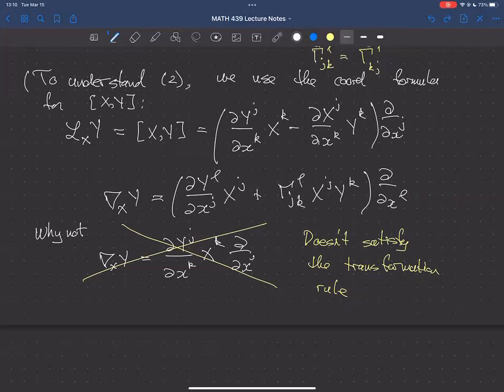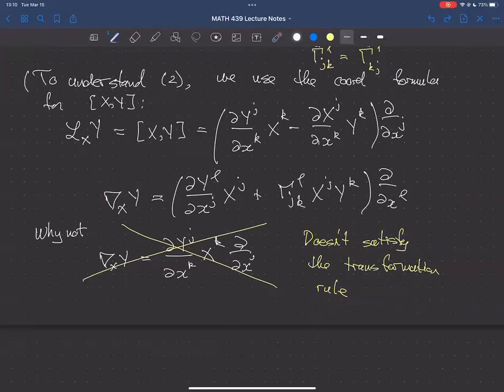All right. Okay, so the way that you can get around this is to define a differentiation of a vector field with respect to another vector field that doesn't involve the differentiation of the thing you're differentiating with respect to. That's one way to think about what an affine connection does.